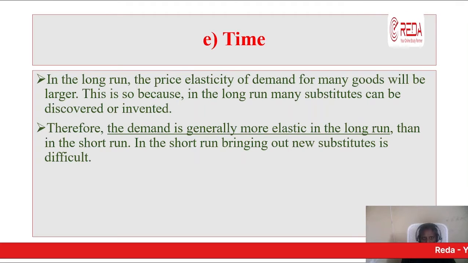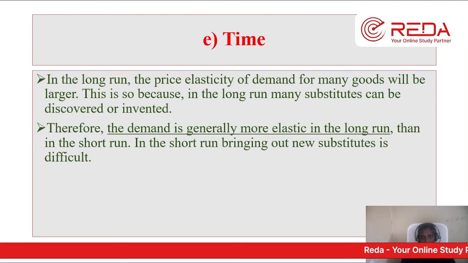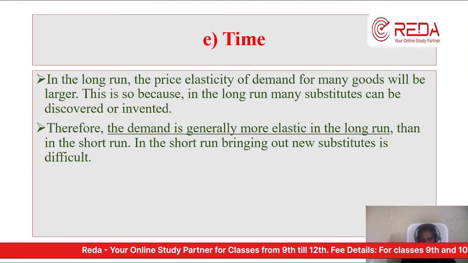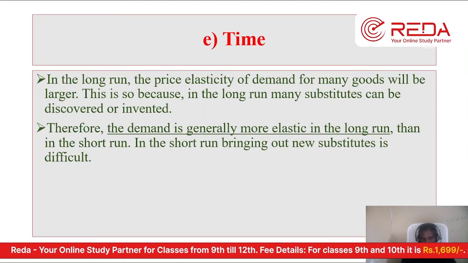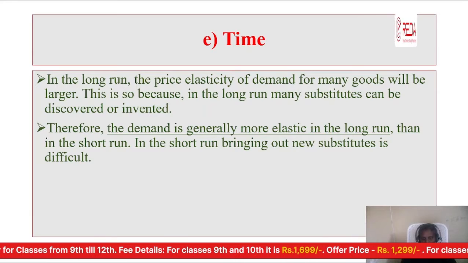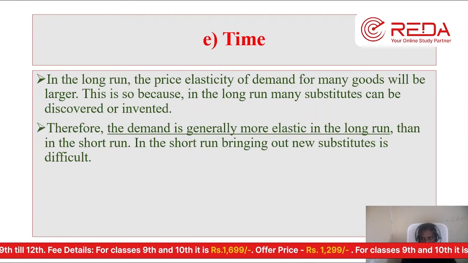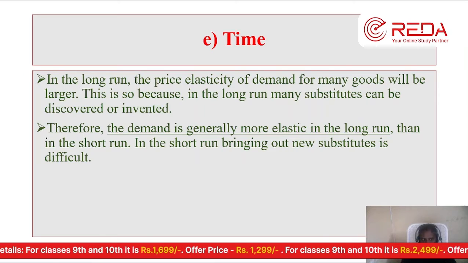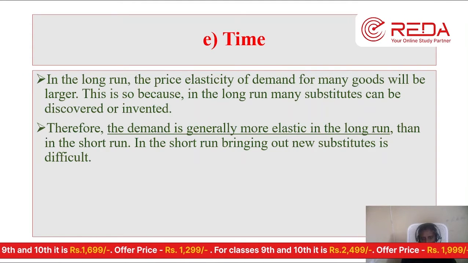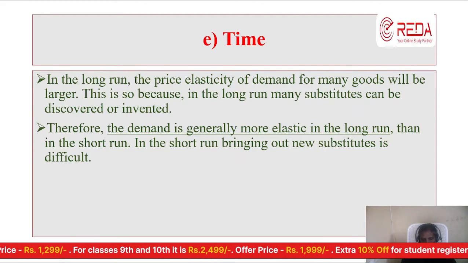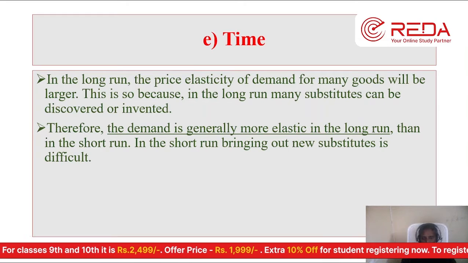The price elasticity of demand for many goods will be larger in the long run, because substitutes can be discovered or invented. Therefore the demand is generally more elastic in the long run. In the shorter period it's not like that; new substitutes will take time to appear, but in a longer period the demand will be more elastic.